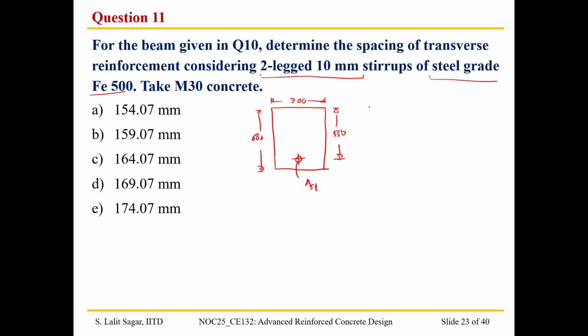Then we have Vu equal to 300 kilonewton. Whenever we are designing the shear stirrups, this Vu has to be Vus. Sorry for that.